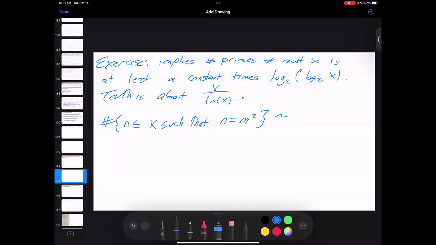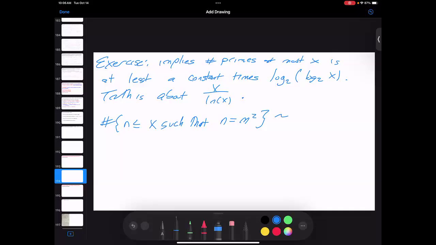1. What's next? 4, 9, 16, 25, 36, 49, 64, 81, and then 100. So we go all the way up to 10 squared. So how many numbers less than or equal to 100 are a perfect square? 10.